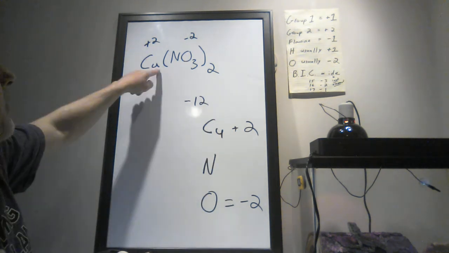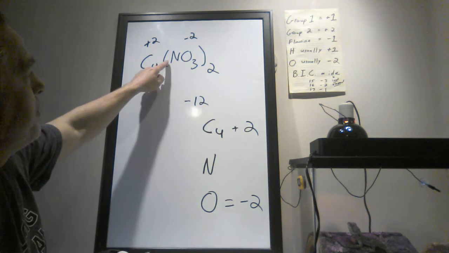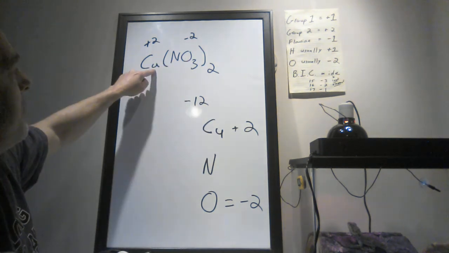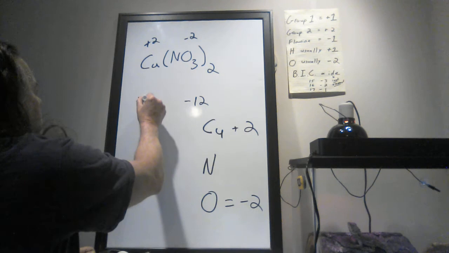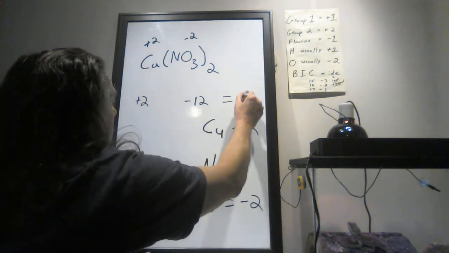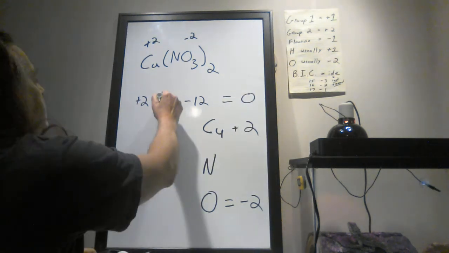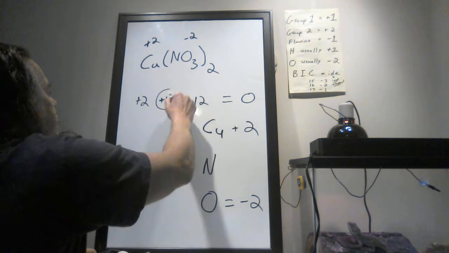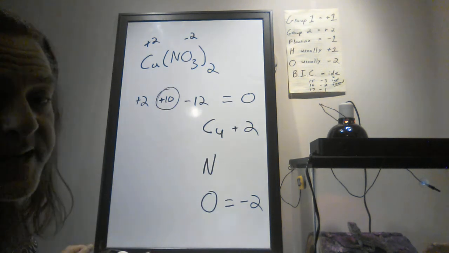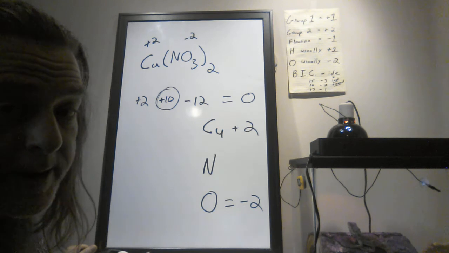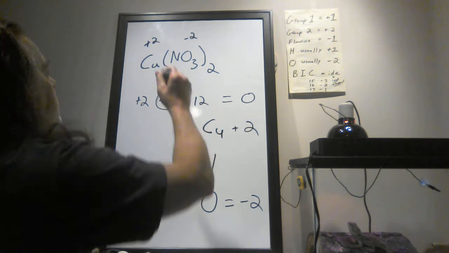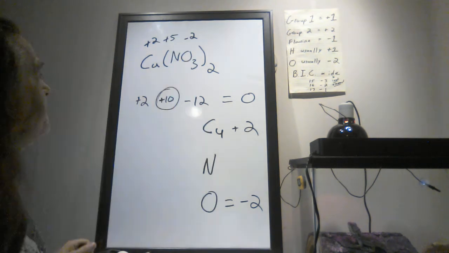There's only one copper because the 2 is multiplying just the parentheses, right? So the copper is +2. If we're going to add to 0 like we're supposed to, that means the nitrogens have to be 10. But how many nitrogens are there? Think. 2 nitrogens, right? So that means each nitrogen is +5.